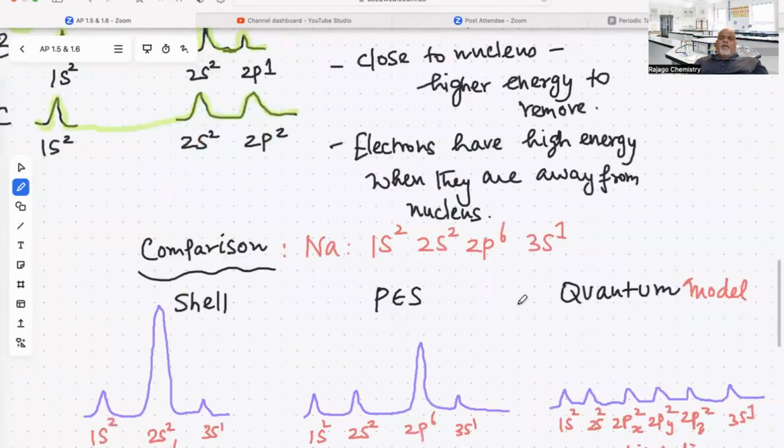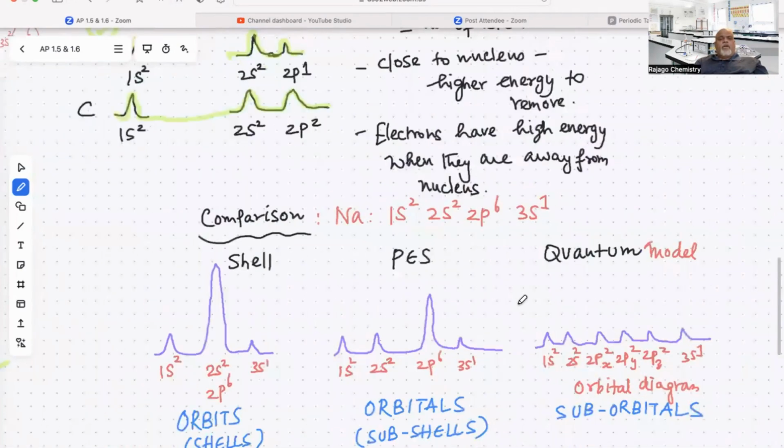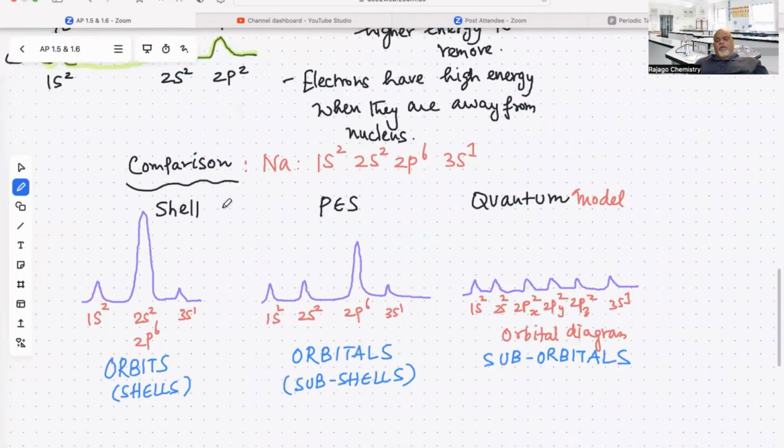Hypothetically, if I have to write the three models, the shell model, the photoelectron spectrum model, and the quantum model, this is how it's going to look. This model is what we look at right now. We saw that this is 1s2, 2s2, 2p6, and then 3s1. If it is just a shell model, sodium has only three shells, so it should have only three peaks: 2, 8, and 1.